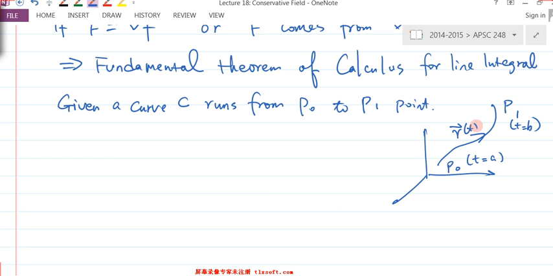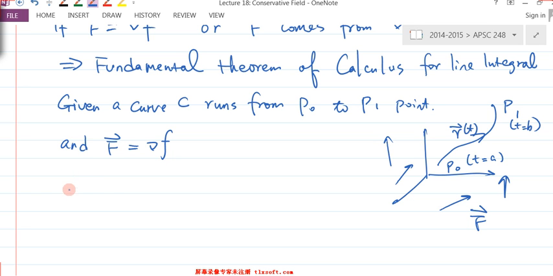This is the parametric equation for the curve C. And F equals del f, so there is a vector field here, and that vector field is a gradient field. It comes from a scalar function f by applying the del operation.